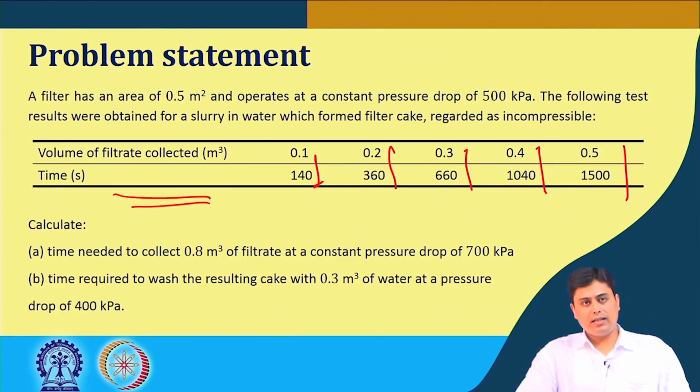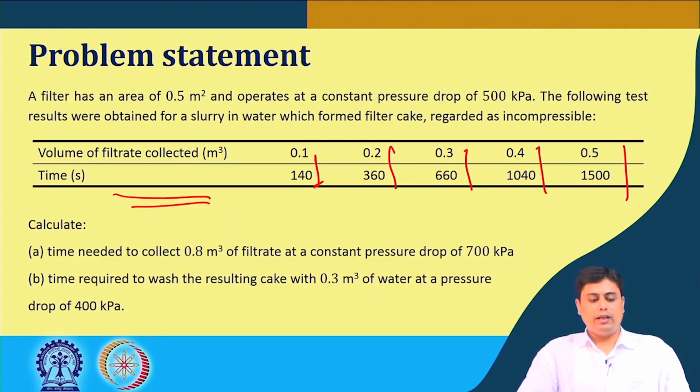The second part is, how much time would it require to wash the resulting cake with 0.3 cubic meters of water at a pressure drop of 400 kilopascal. So these are the two parts that we have to solve. Let's concentrate on the first part.